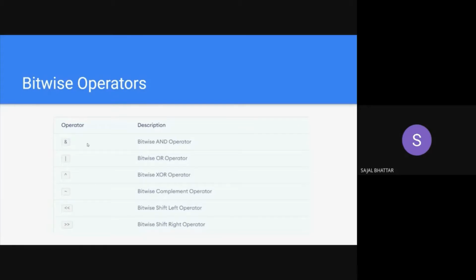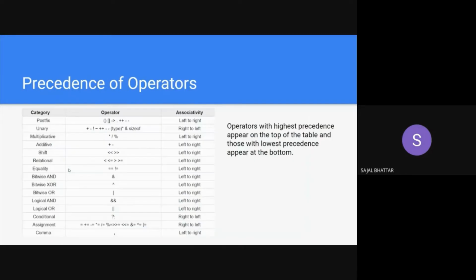If any of those bits is 0, it will return the value 0. And the OR operator is such that if any of the bits is 1, like one variable holds the bit 1 and the other holds 0, we still get the value as 1. So the bitwise operator works with bits, and we don't really come across bitwise operators a lot, but they are helpful and handy in a lot of cases.